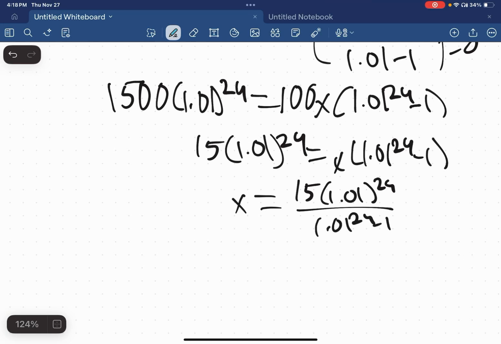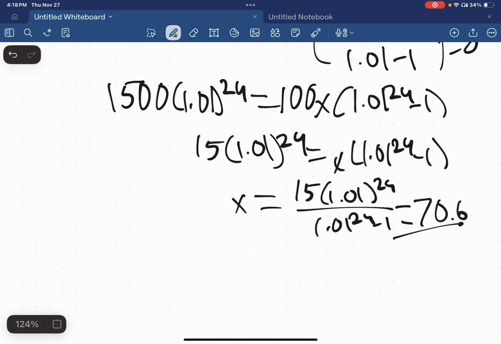Using technology, we figure out that x is equal to 70.6, which is the amount he has to pay a month. That is our answer. That was definitely a bit confusing, but it's fine.